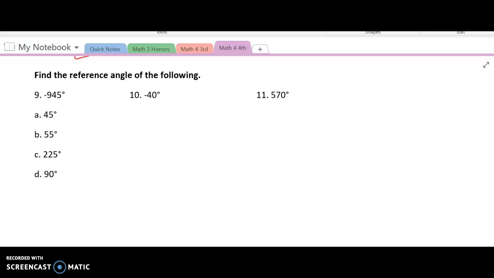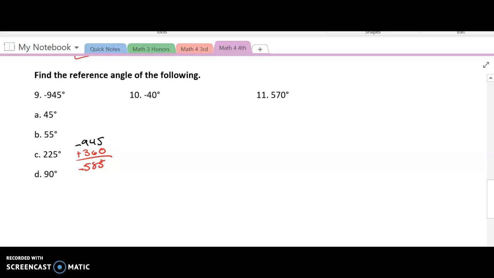So because negative 945 is negative, we're going to add 360 until it's between our numbers of 0 and 360. So we're going to have negative 945 plus 360, and we will get negative 585.